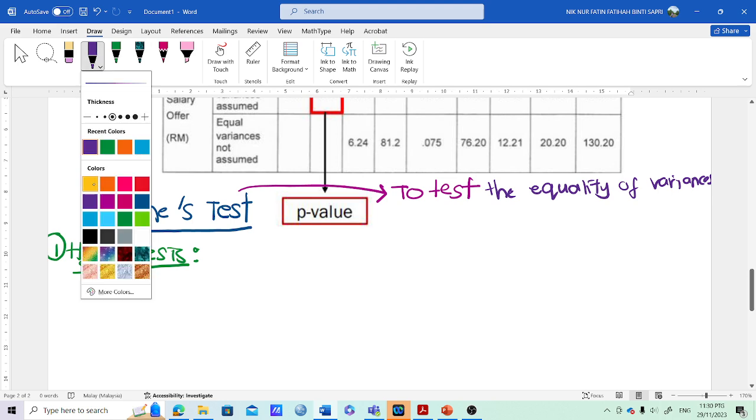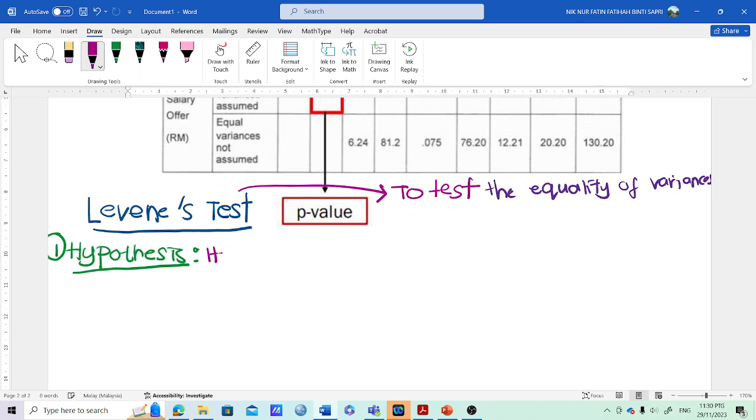The hypothesis for the Levene test can be stated as null versus alternative, whereby the null hypothesis is that we assume equal variances. Remember I told you, for the null hypothesis, the symbol is always the equal symbol.